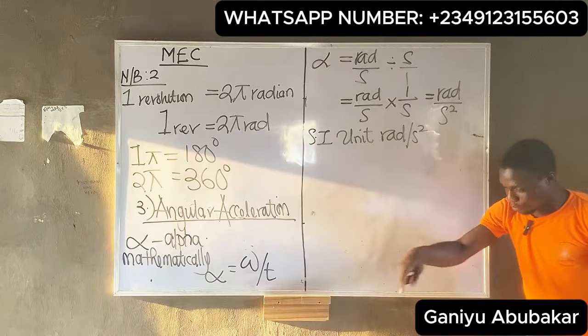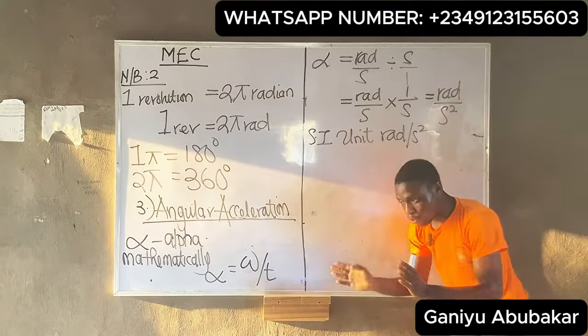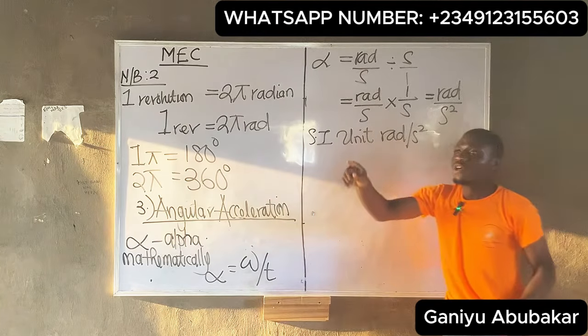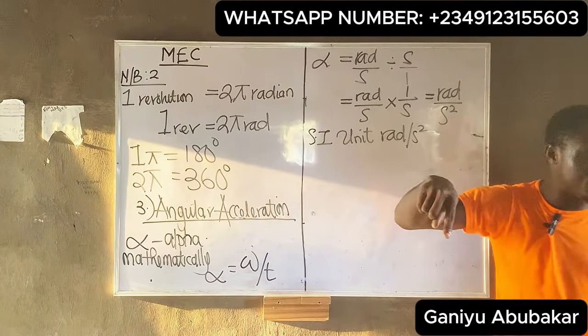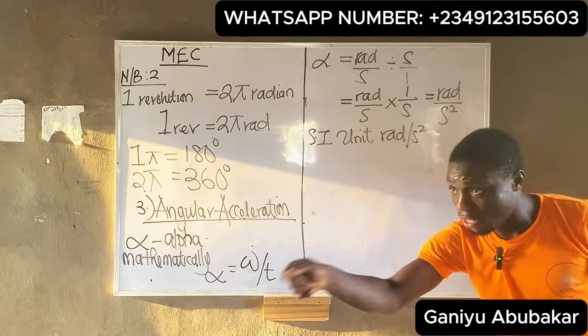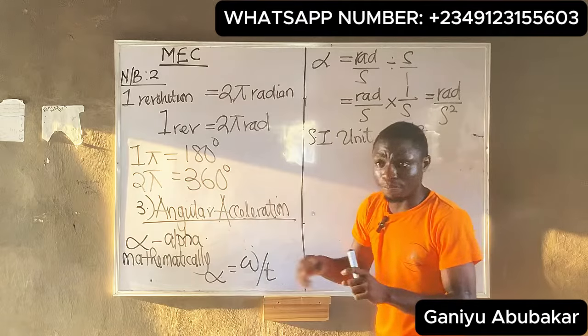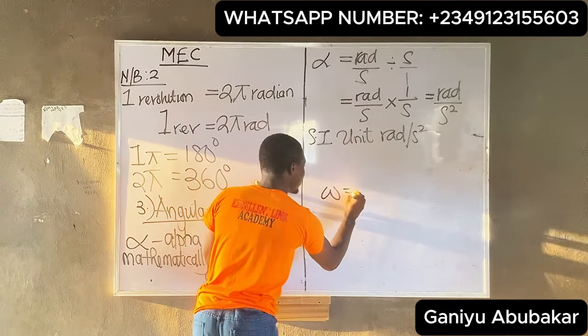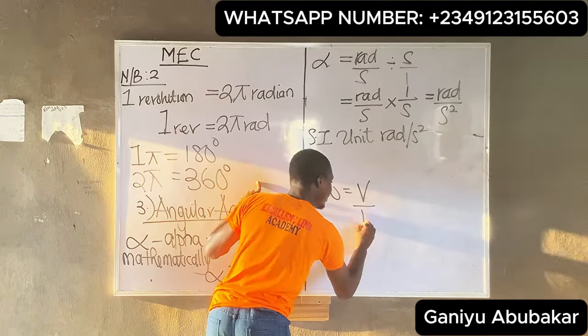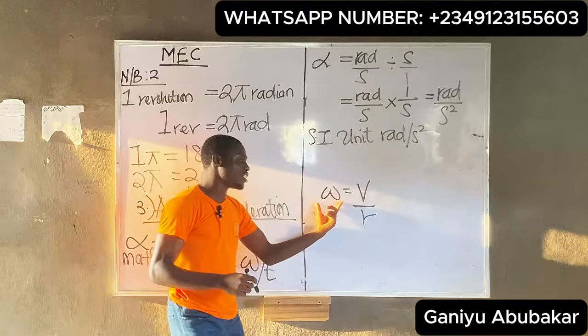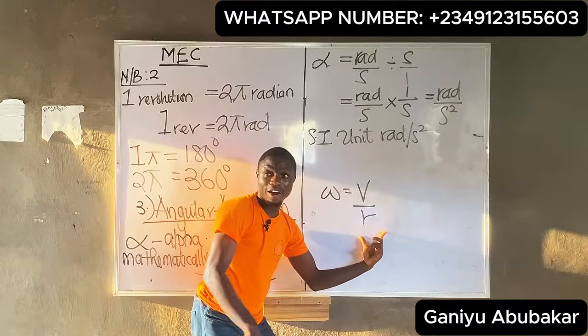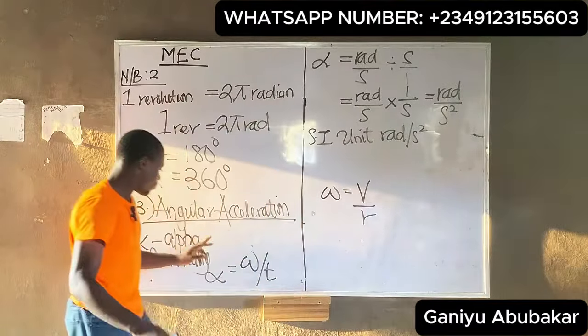Now check this out, please. Don't cram, just understand it. For number 2, I gave you angular velocity. We said there's a relationship between them: omega is linear velocity over r. What will this one become?